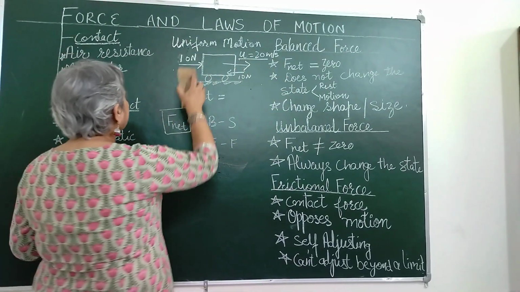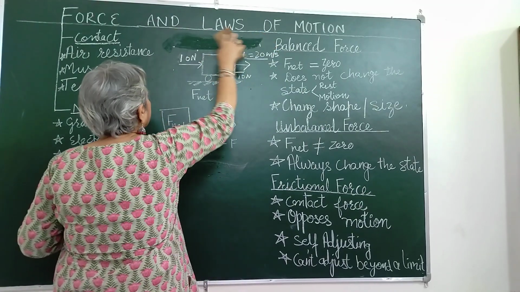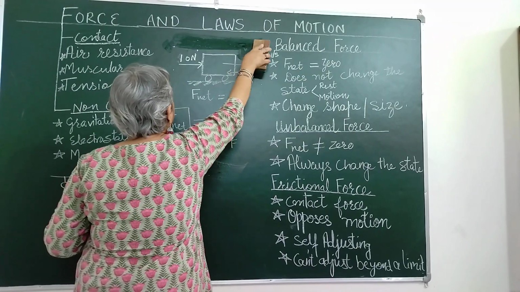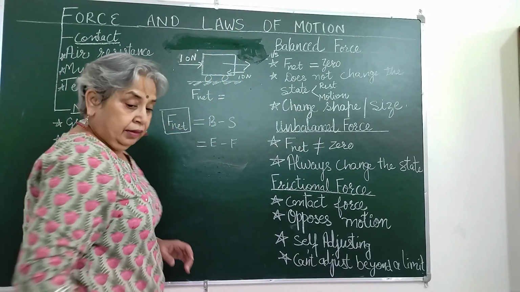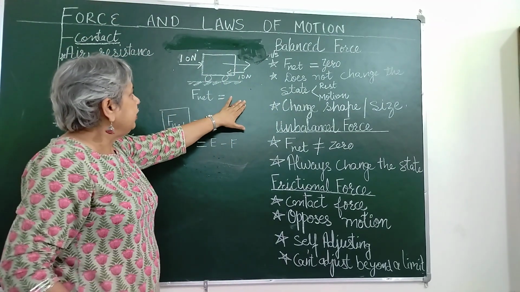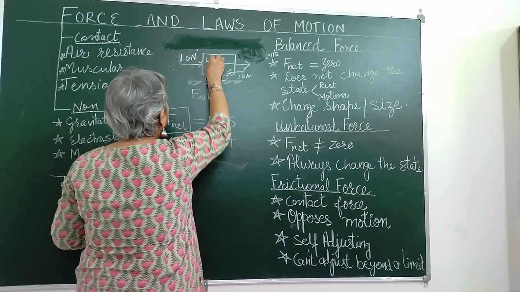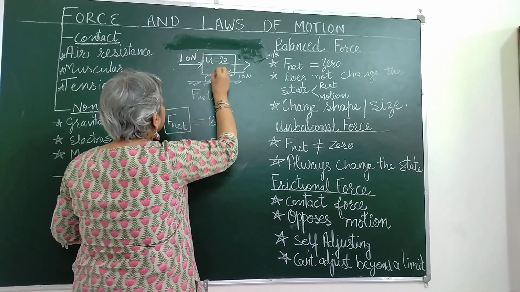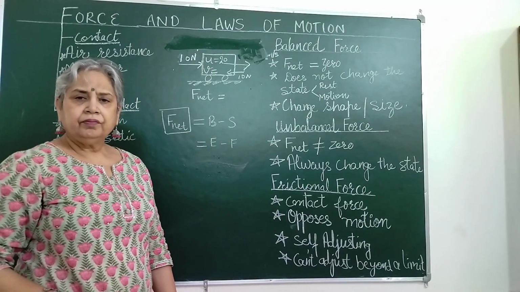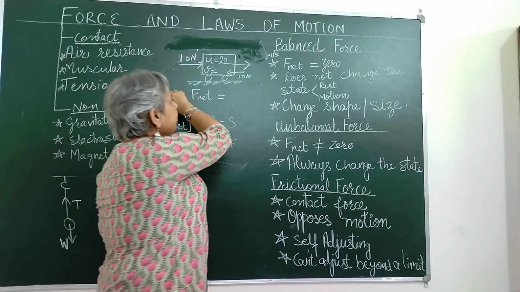Now let us consider another example in which the body was moving with a velocity of 20 meter per second. Now we want to increase the speed, and the direction is remaining the same.